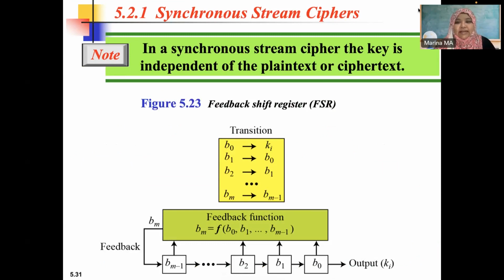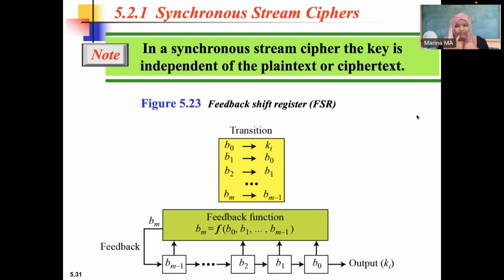So in a synchronous stream cipher, the key is independent of the plain text or ciphertext. You will see later on in block cipher, sometimes, or most of the time, you create the key from the plain text. You have a key, but after some permutation and substitution with certain parts of the plain text, you create the key.